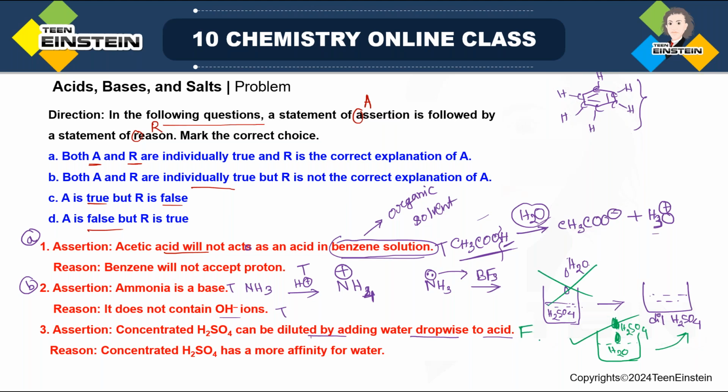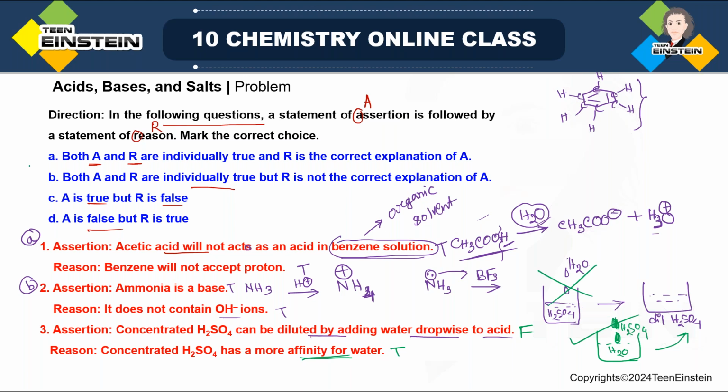Okay. And the second statement, concentrated H2SO4 has more affinity for water, is true. Actually, see, if the opposite statement were in the assertion, suppose the statement were concentrated H2SO4 can be diluted by adding concentrated H2SO4 dropwise to water, if the statement is reversed, then it will be true, and the second statement is also the correct explanation.